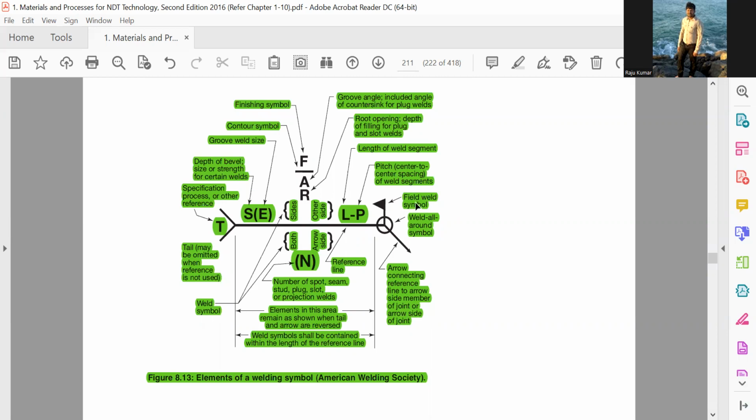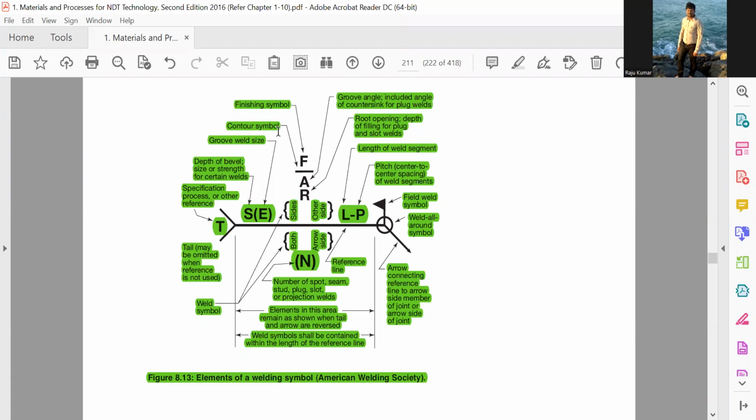Weld all around symbol, field weld symbol, there is a flag. Pitch, center to center spacing of weld segments. Length of the weld segment, this is used for fillet. Root opening, depth of filling for plug and slot welds. Groove angle, included angle or countersink of plug welds.